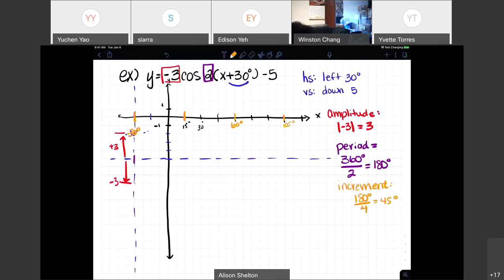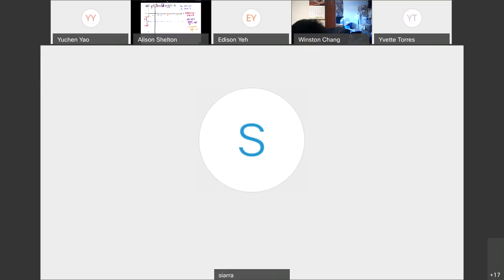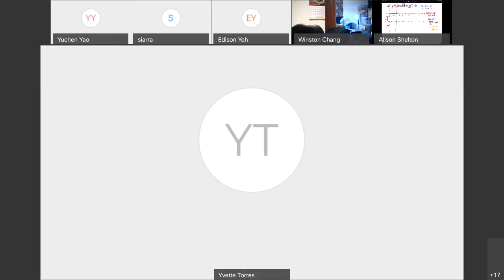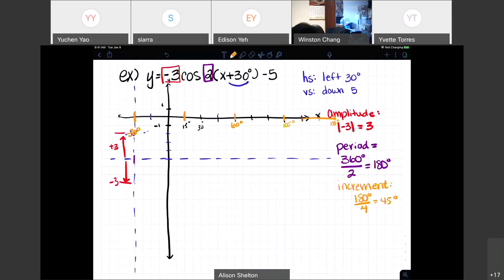And we're back where we started, 45 degrees after, that's 150 degrees. After we find and mark the increments on the graph, we want to plot our points.